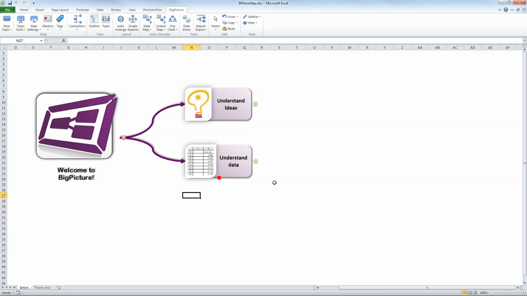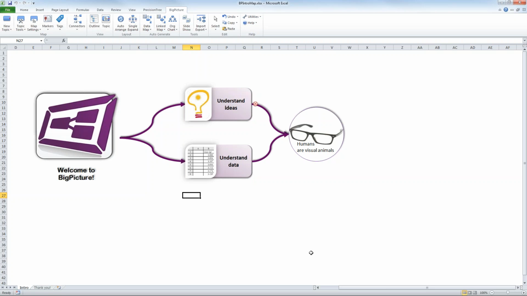And we'll go through understanding data. I'm going to do a quick data map. All BigPicture does is take complete advantage of the fact that humans are visual animals, and we tend to retain information better and grasp relationships better when things are presented in an image. So that's what we're doing.